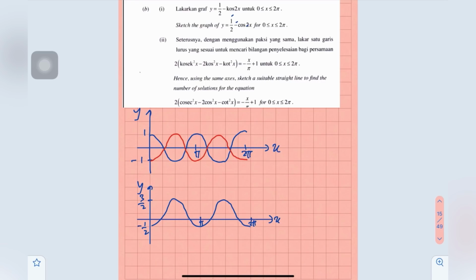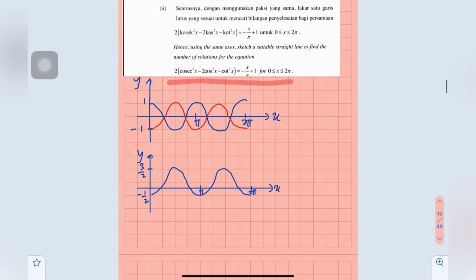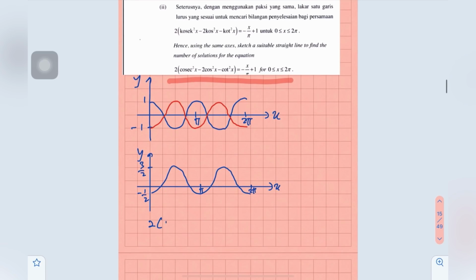Then, using the same axis, sketch a suitable straight line to find the number of solutions for the equation. Dia bagi equation this one. Okay, so kita kena cari suitable straight line. Okay, so then we have 2 cosecant squared x minus 2 cos squared x minus cotangent squared x equals to negative x over pi plus 1.